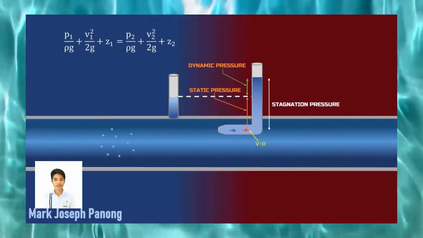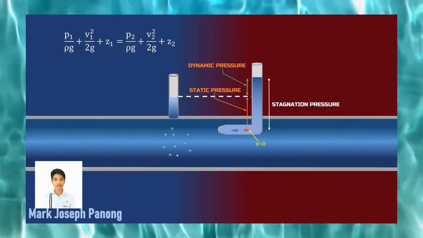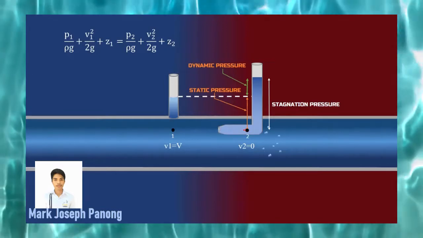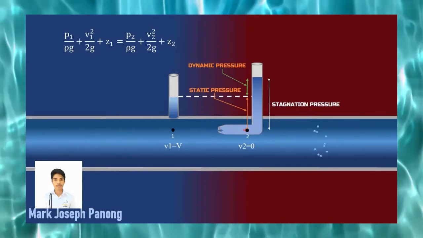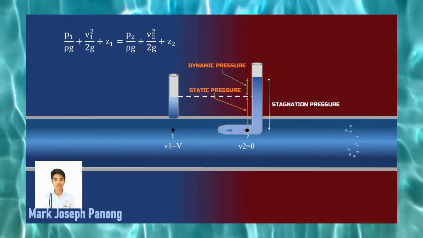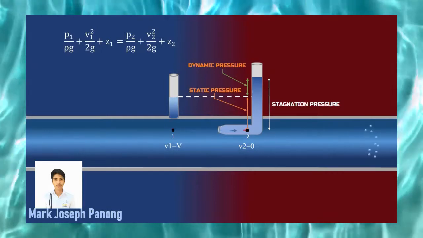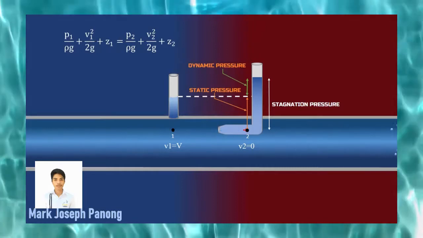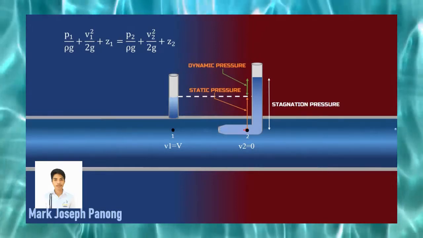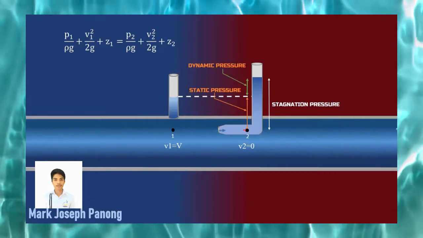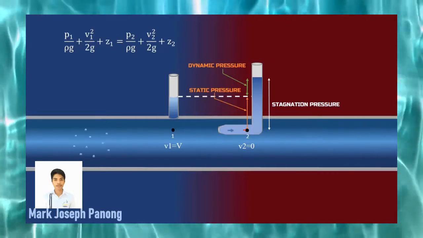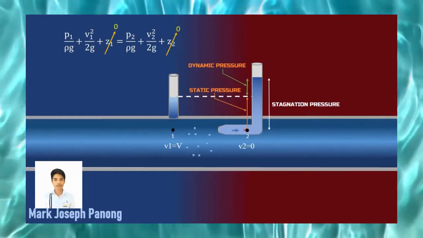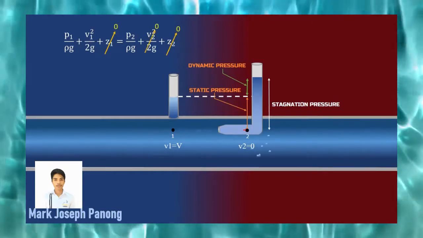Now, let's see this Bernoulli equation and derive the formula for the velocity of the fluid. Let's take two points, point 1 and point 2. At point 1, the velocity of the flowing fluid is v, and at point 2, the velocity inside the pitot tube is 0 as the flow has become stagnant here. Since both points are at the same elevation, z1 and z2 get cancelled and v2 is equal to 0.